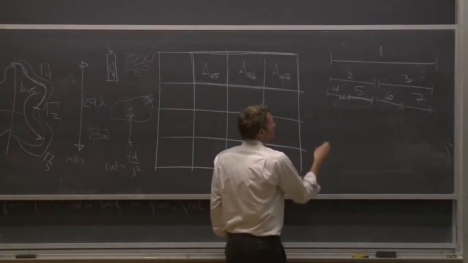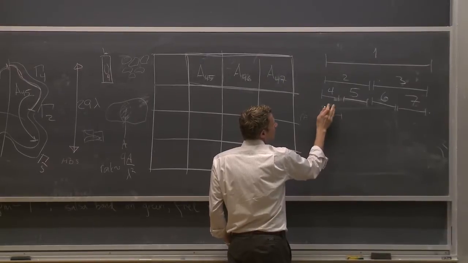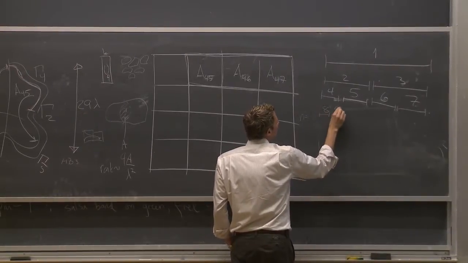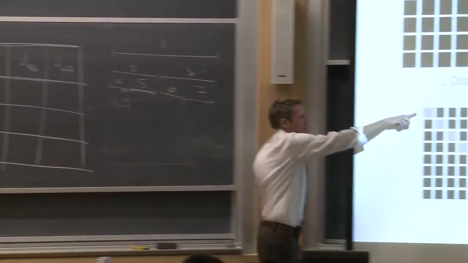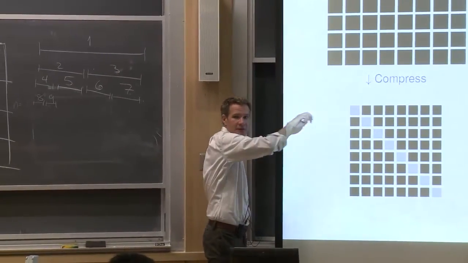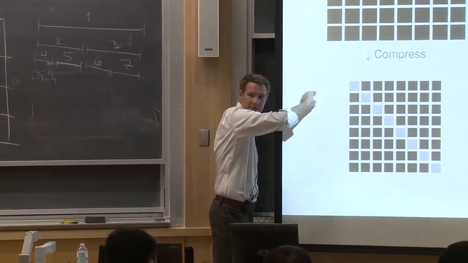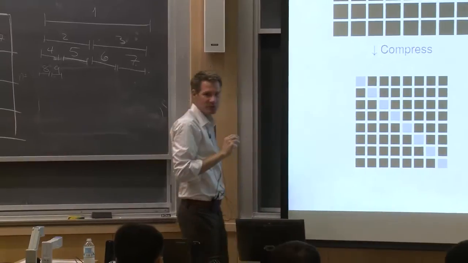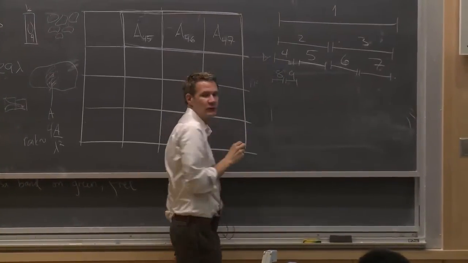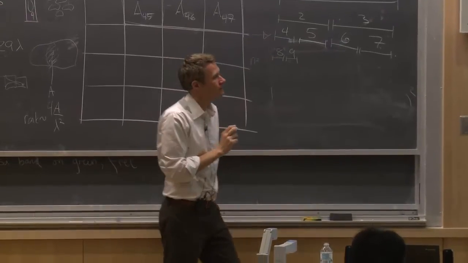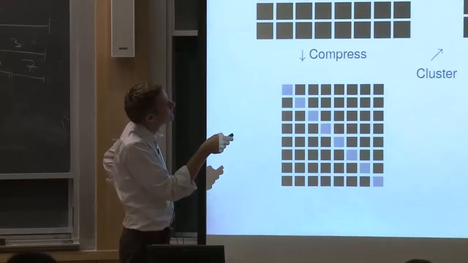So in the example shown, we started with a 3-level partitioning. So now this would be the 8 block, and this is the 9 block. So I just group them together. I join these blocks in groups of 2 by 2 to get the level 2 representation. Okay? So this is up here.